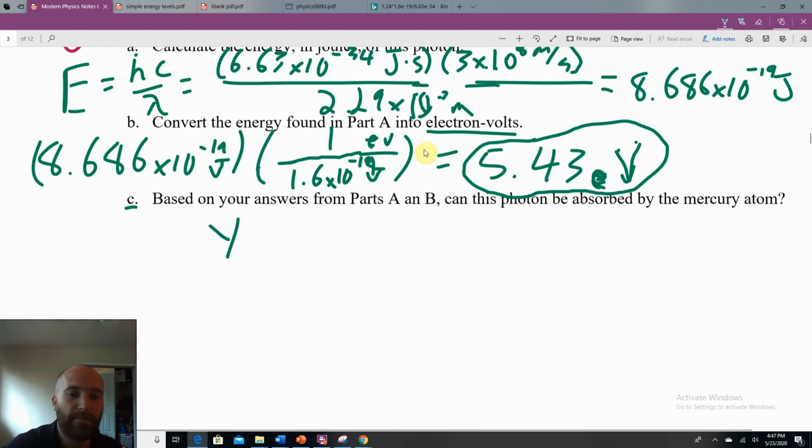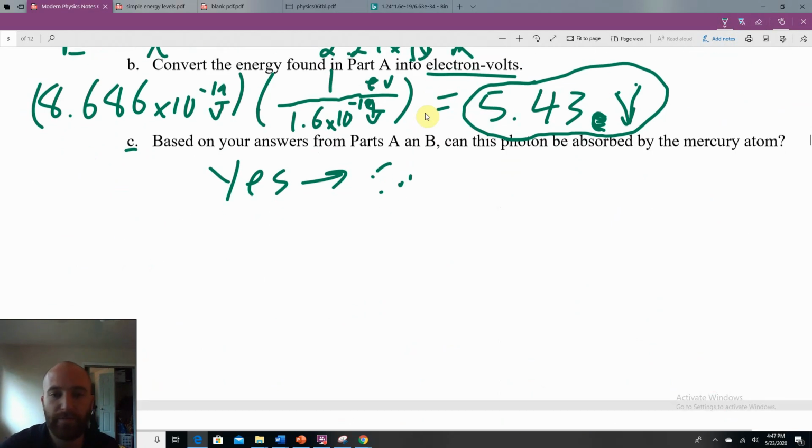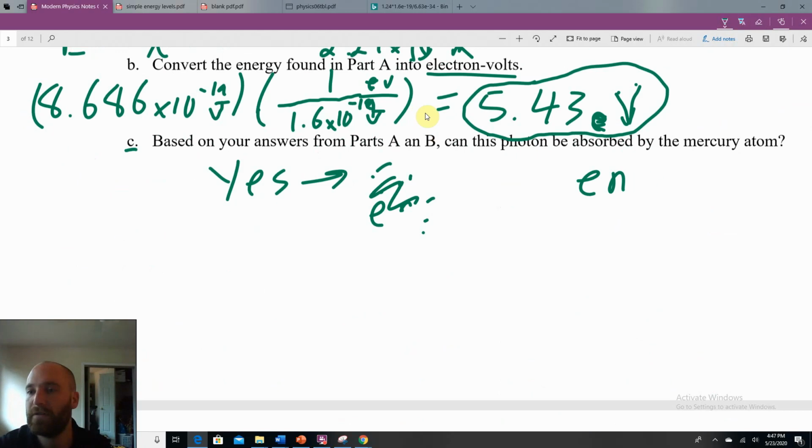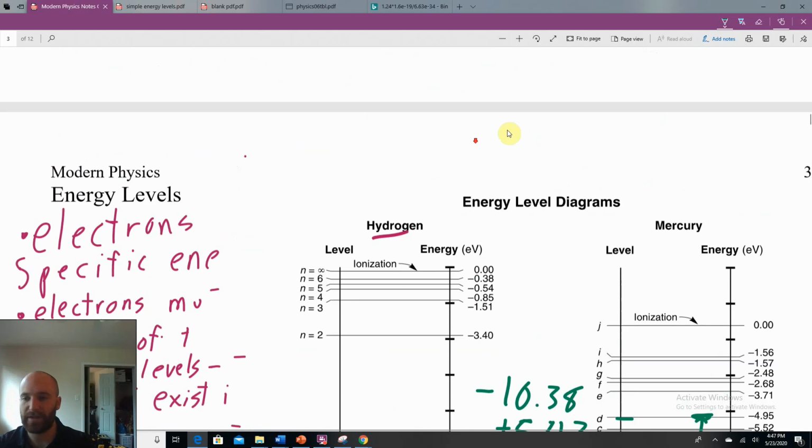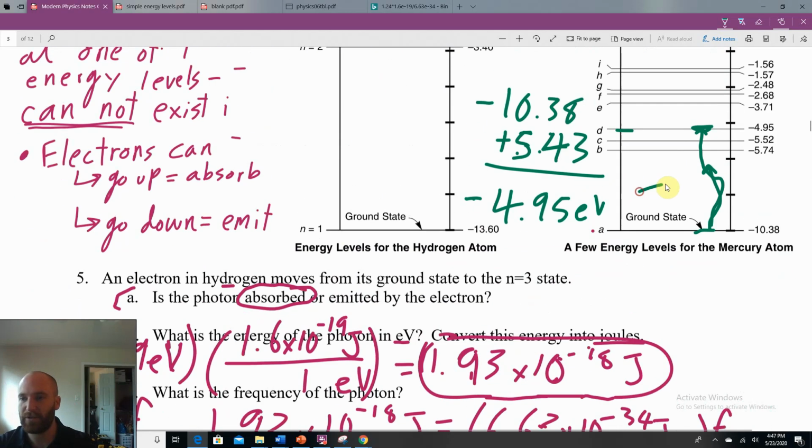Yes, it can, because it would land on an energy level, specifically energy level D. If it ended up in the middle, like let's say somewhere at around negative 8, let's just make up a number, then the answer would be no, it could not. But for this one, it looks like we're good.